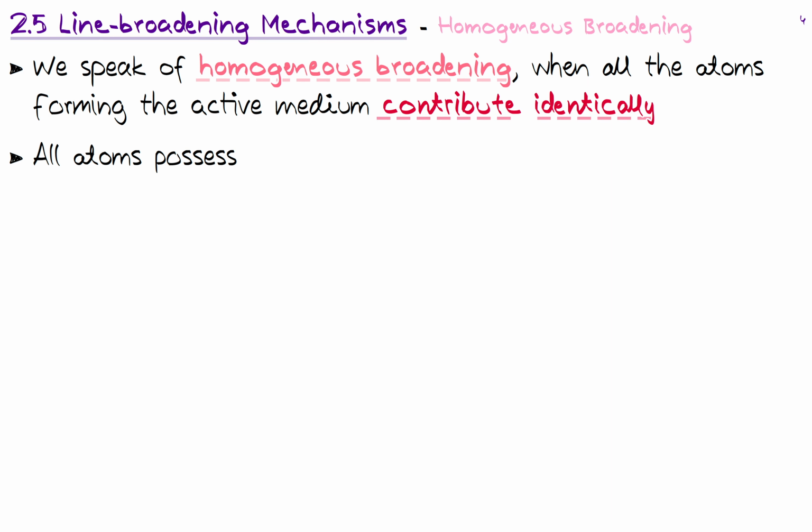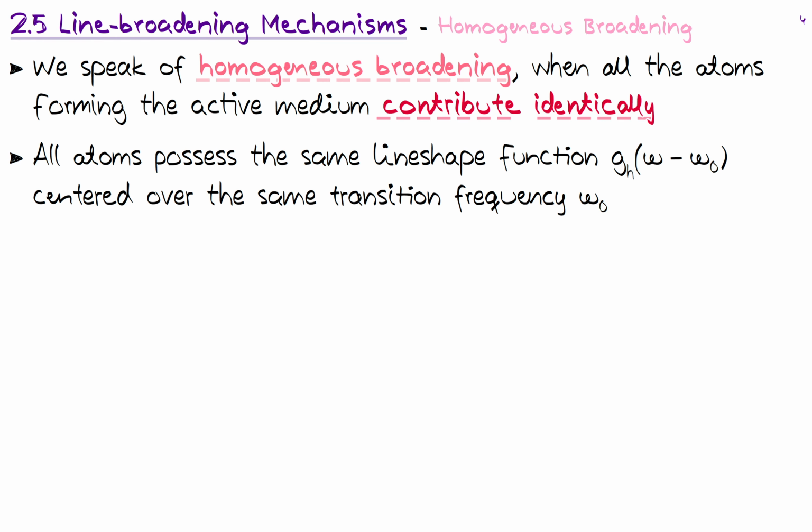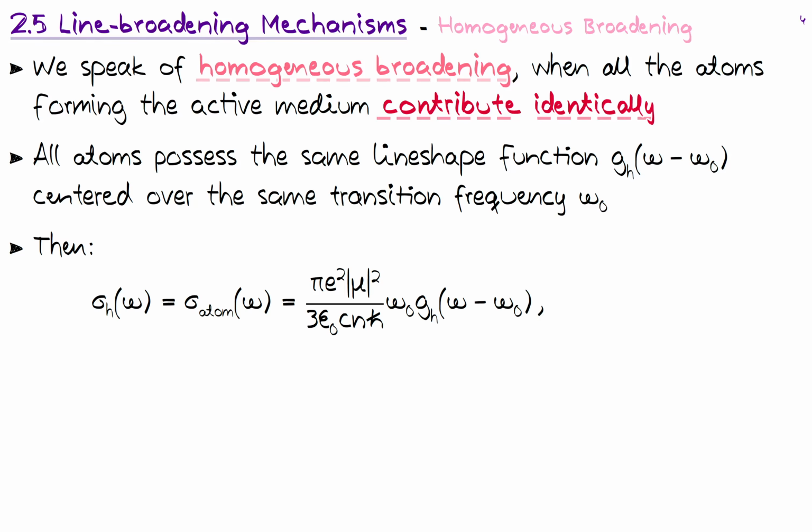In this case, all atoms possess the same line shape function, denoted g_H, H as in homogeneous, centered over the same transition frequency omega naught. In this case, we can simply write that, for however many emitters we have, the homogeneous absorption line shape function is that of a single atom, and we can write it in the familiar way we have already written here.